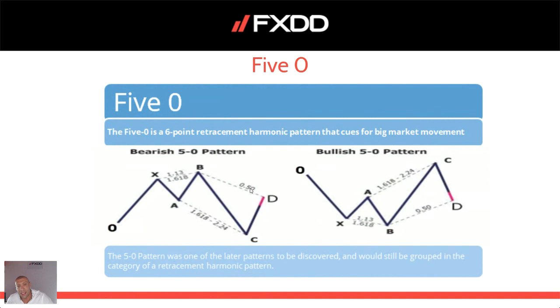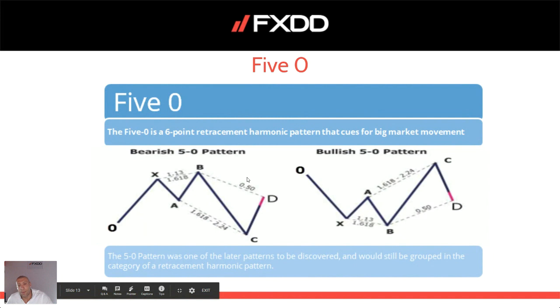From B to D is 0.50. Similar here for a bullish pattern. But the thing is that when this happens, guys, the price from point D on bearish either drops or drops significantly, breaking the previous support on C. On bullish, the price either jumps or jumps significantly, breaking previous high on C.